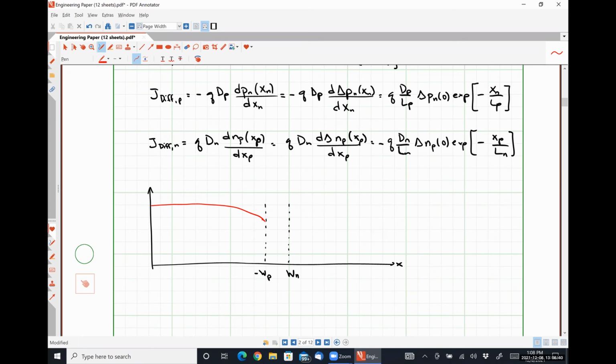Because holes are diffusing to the junction. If we assume that there is no recombination in this space charge layer, we'll have something like this. And then for electrons, it's going to be effectively the exact same thing.